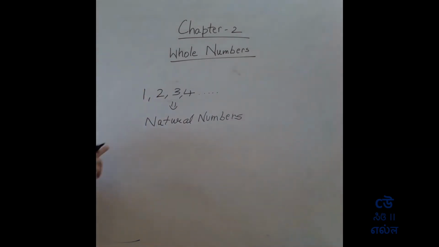Okay, so 1, 2, 3, 4 and it goes on till infinity. So it is called natural numbers.